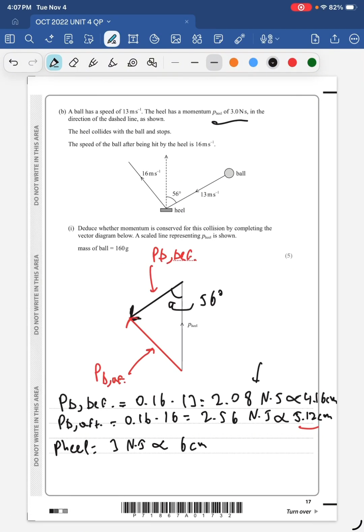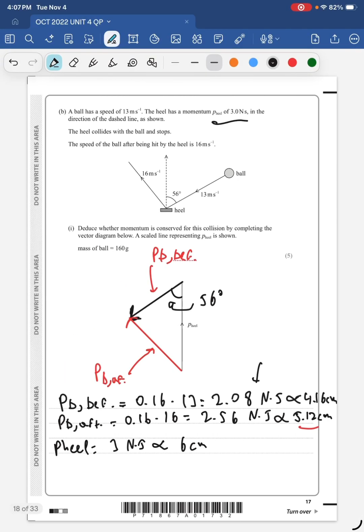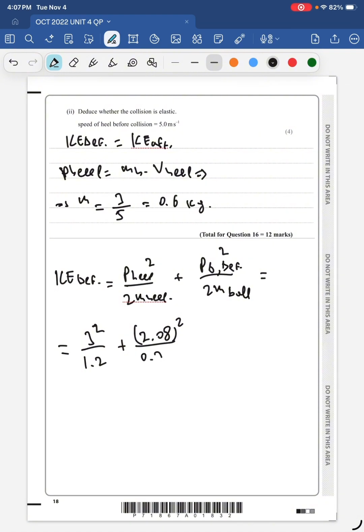We calculated it, that's 2.08 squared over 2 times the mass of the ball, which is 0.16, so 0.32. And this gives us 9 over 1.2 plus 2.08 squared over 0.32, so 21.02 joules.